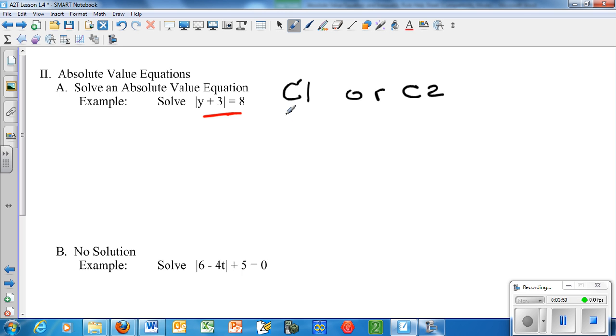Case 1 says the absolute value of A equals B. If B is positive, which it is in this case, where A is the y plus 3 and B is 8, then A equals B, or A equals the opposite of B.